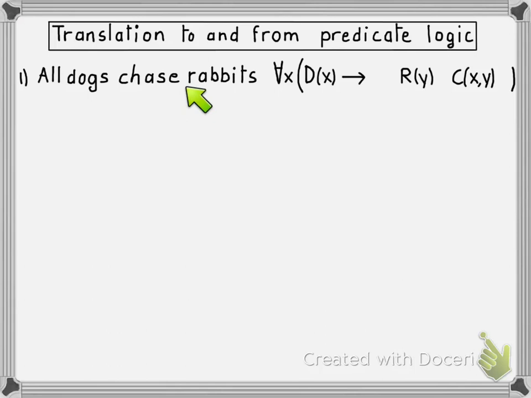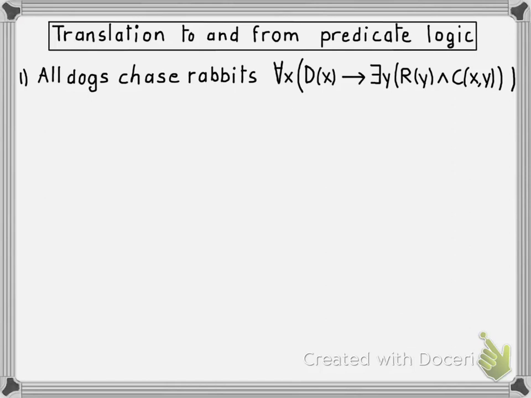At least one rabbit is chased by every dog. So we need to find a rabbit, or assume there is one: there exists y, such that y is a rabbit, and x chases it. And that is the final translation in predicate logic of this English sentence.